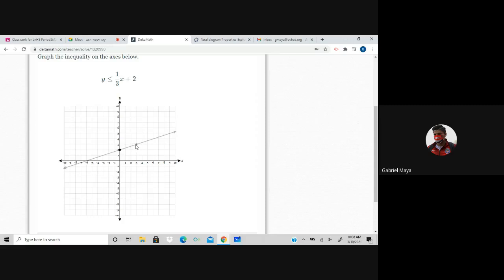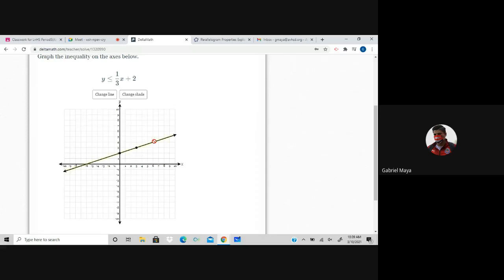It gives you a nice straight line, unlike with the Wacom board. We start here, then go up once and to the right 3 times. So you do 1 rise and 3 runs. 1, 2, 3. There we go.